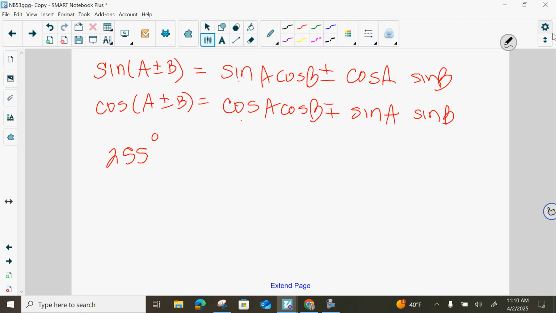Okay, so we're going to split it up: sine sum, sine difference, cosine sum, cosine difference, and so on around the room. I have 4 people doing each of them.